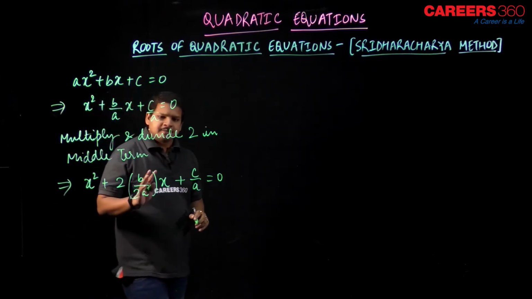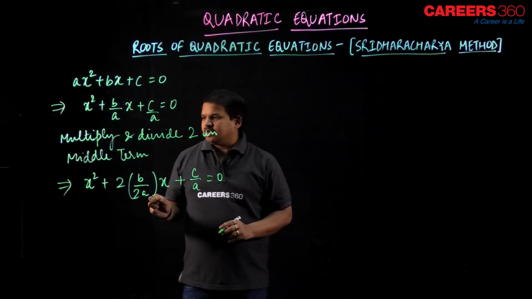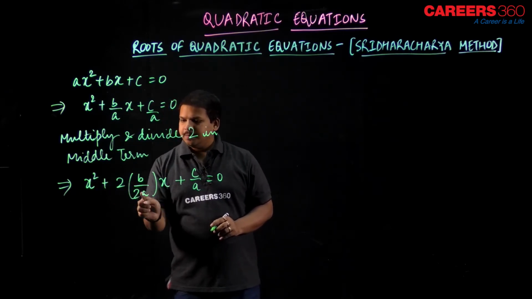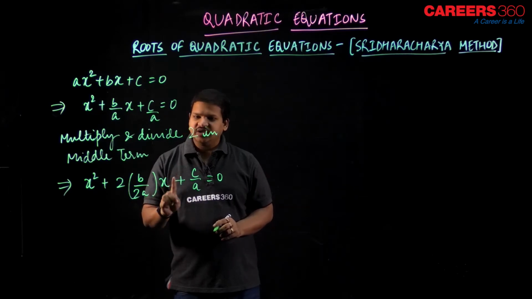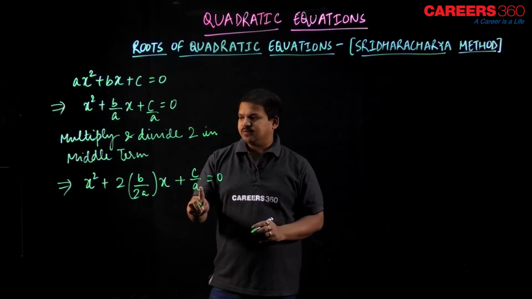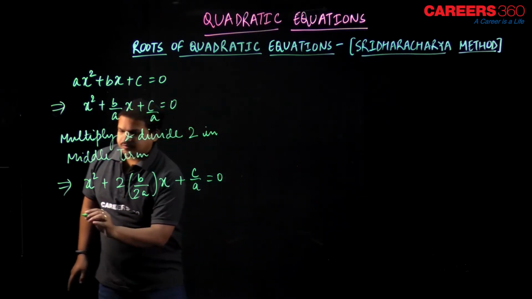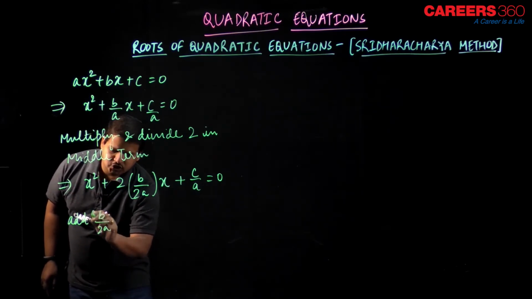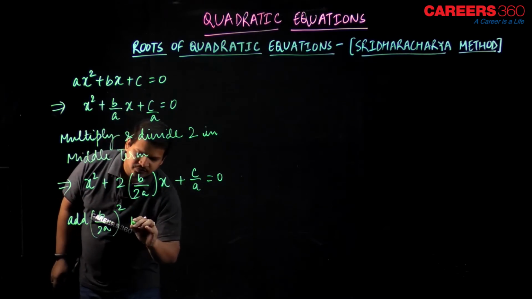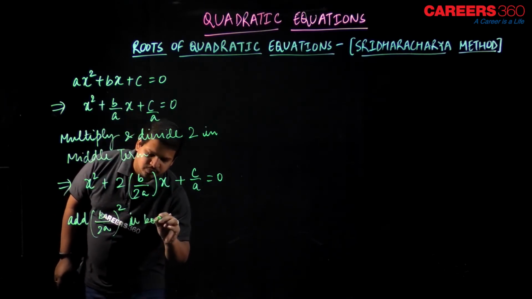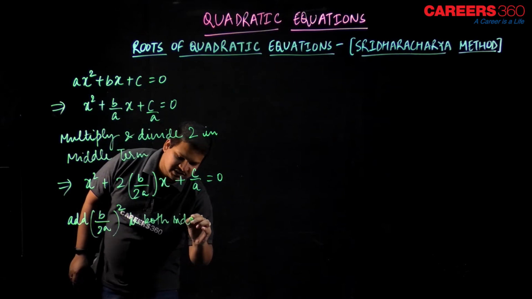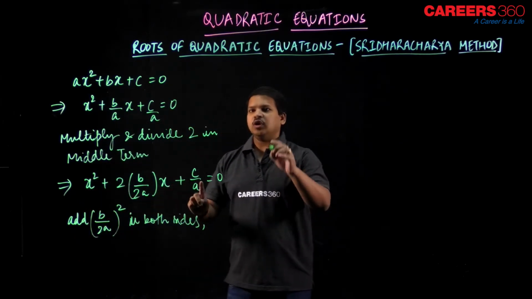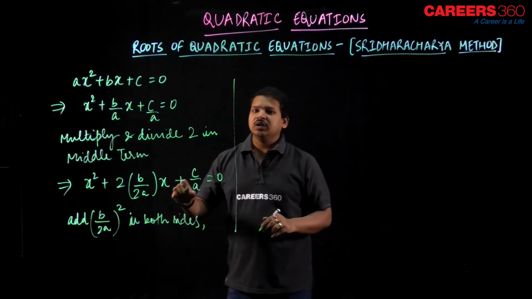Now, if you observe, we have x square and we have 2b upon 2a, and then we have x and then c upon a. If I add b upon 2a whole square on both sides, then what will it become and how will it help us?